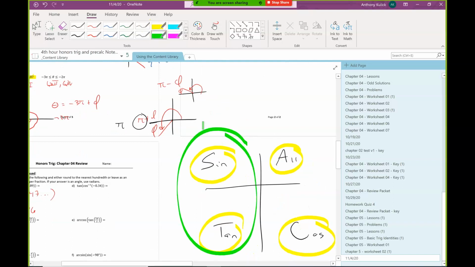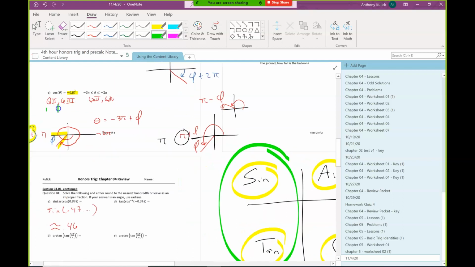To do this part, I'm going to draw the picture. Because these are negative angles, I'm going to be going clockwise instead of counterclockwise. So I remember half of a rotation is pi, so that's negative pi, then that's negative 2 pi, and now that distance is negative 3 pi.